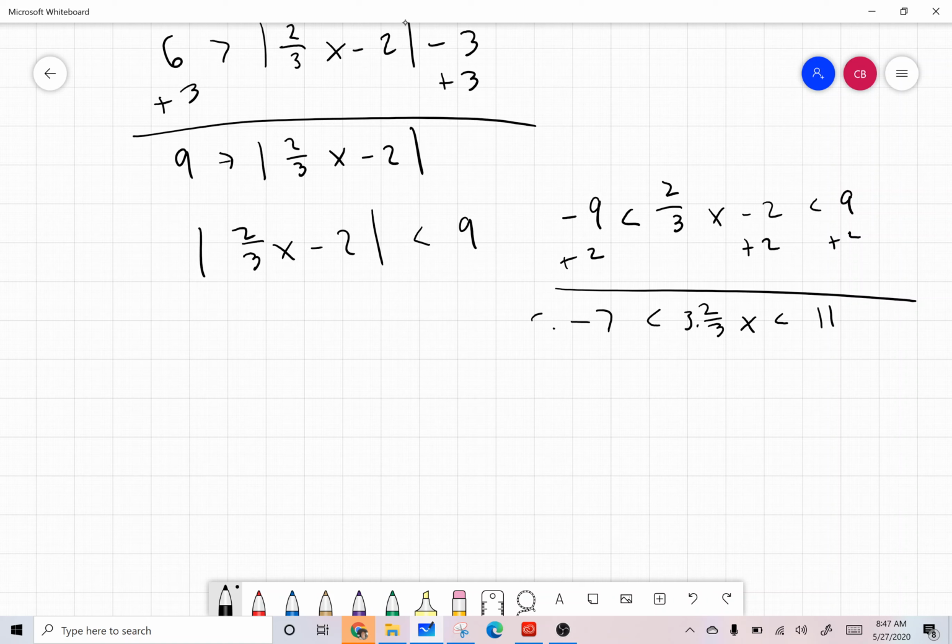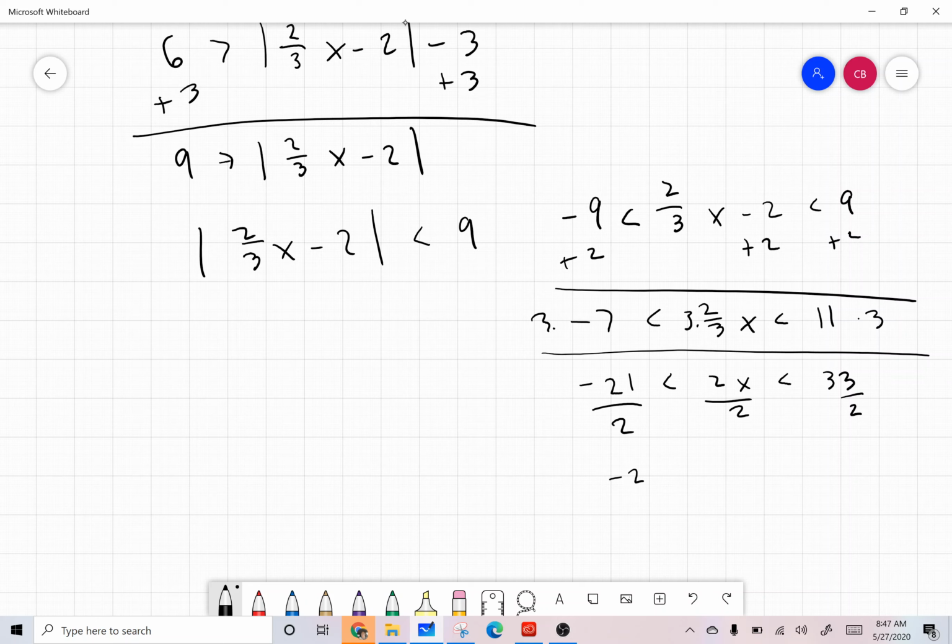Times 3. Negative 21 less than 2x less than 33. Divided by 2. Negative 21 over 2 is less than x is less than 33 over 2.